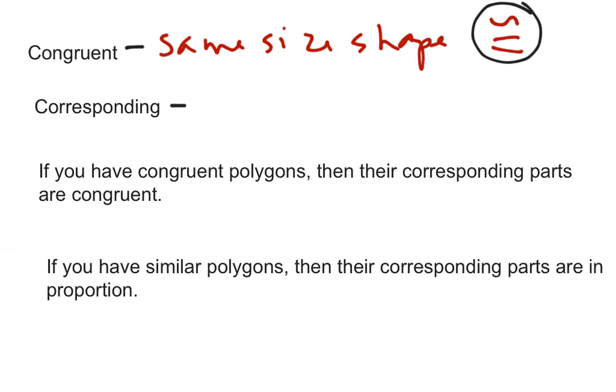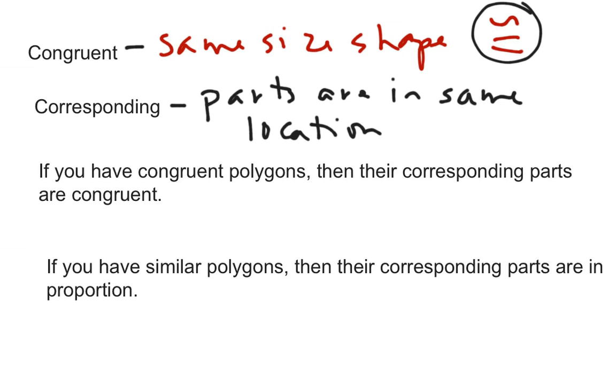Corresponding is when two parts of two different shapes are in the same location. So they're located in the same spot when you go from one shape to another. And if you have congruent polygons, then their corresponding parts, the parts that are in the same place, are congruent.